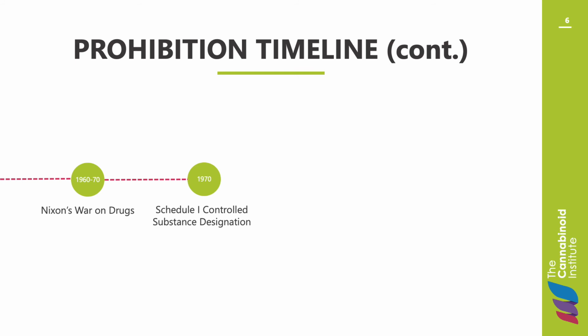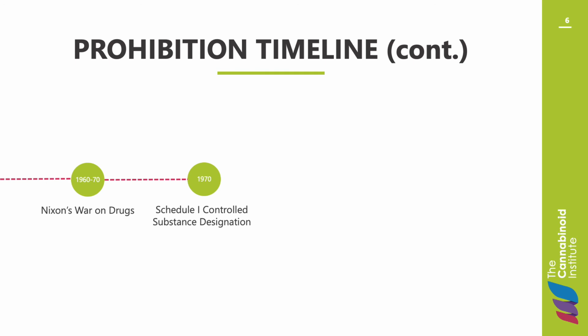The CSA established 5 schedules of classification for drugs based on their potential for abuse and addiction. Cannabis was placed in Schedule 1, which are drugs classified as having high potential for abuse, no currently accepted medical use, and a lack of accepted safety for use under medical supervision.